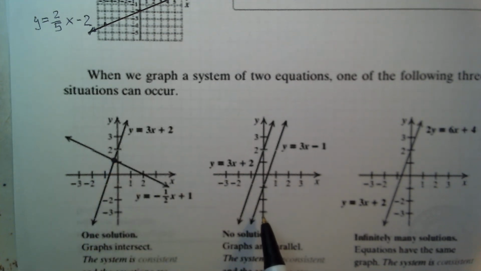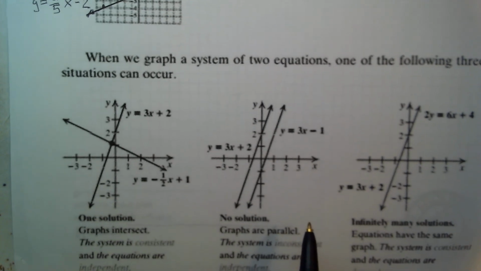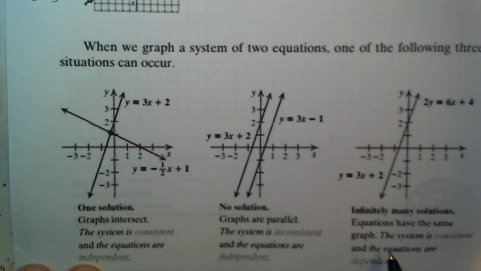The other case is where the graphs are parallel, and then the system is inconsistent, and the equations are independent. And the last case that we just did, when you have infinitely many solutions, the equations have the same graph, and the system is consistent, and the equations are dependent. Okay? So let's think about why it's called a dependent system.